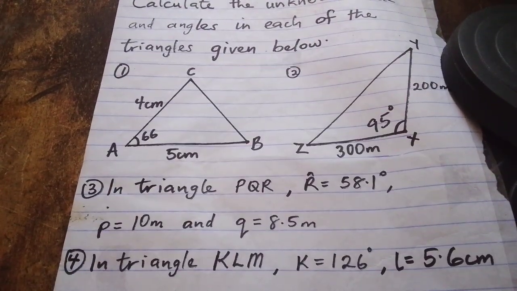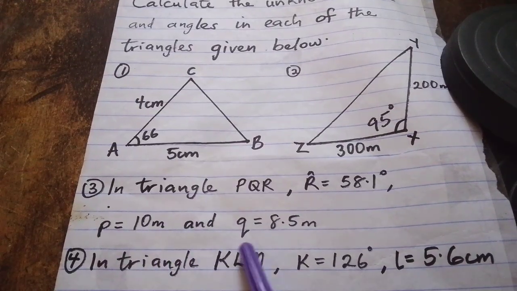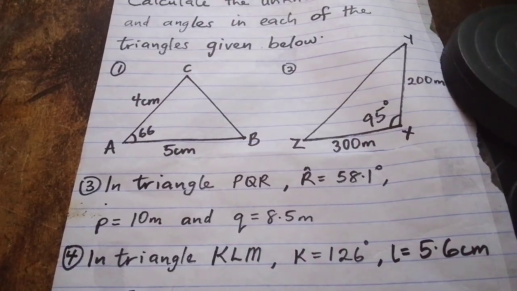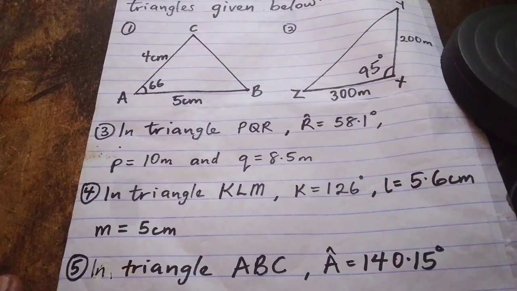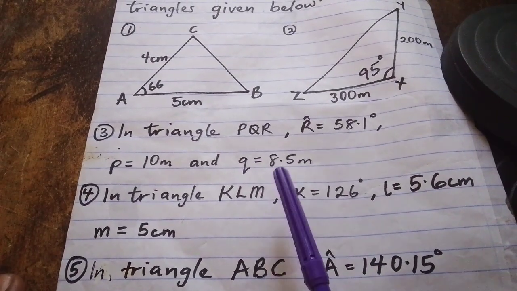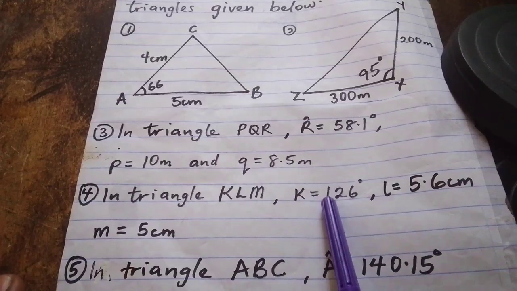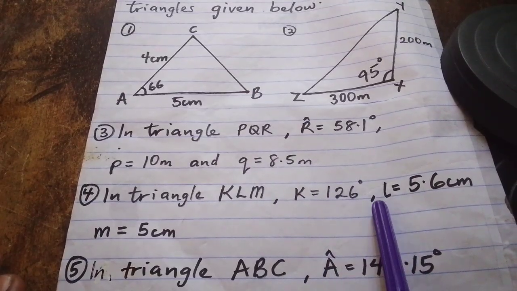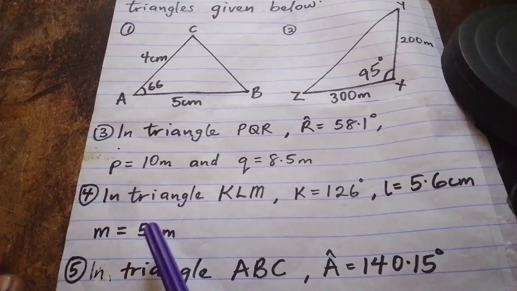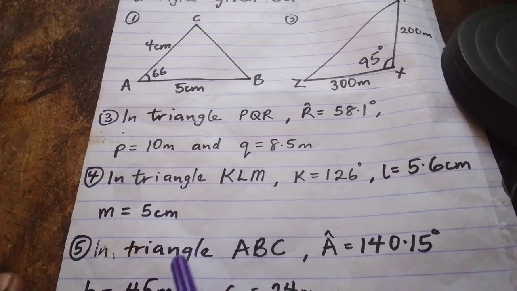Number 3: in triangle PQR, angle R is 58.1 degrees, P is 10 meters, and Q is 8.5 meters. Number 4: in triangle KLM, angle K is 126 degrees, L is 5.6 centimeters, and M is 5.5 centimeters.